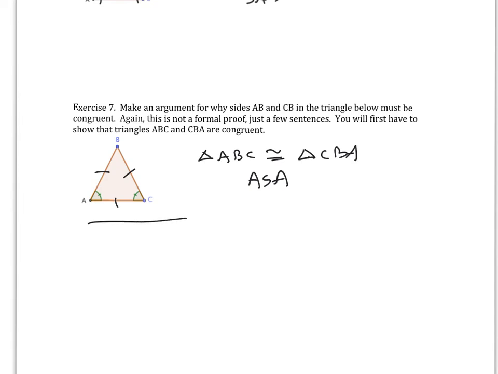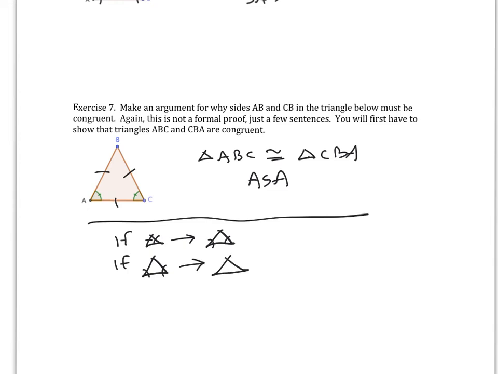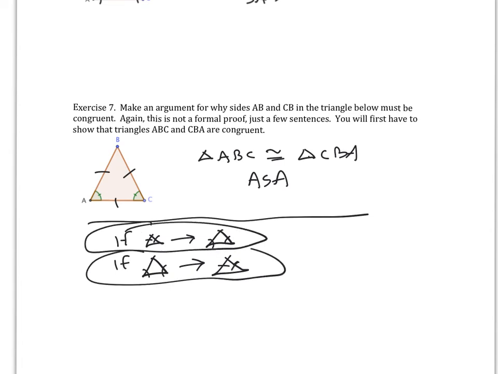And so we have two new rules that we can use. If two sides of a triangle are congruent, then we can say that the two angles opposite them are congruent. Similarly, if two angles, base angles we call them, of a triangle are congruent, then we can say that the two sides opposite them are congruent as well. And we can use this exact thing as the reason for a given statement.